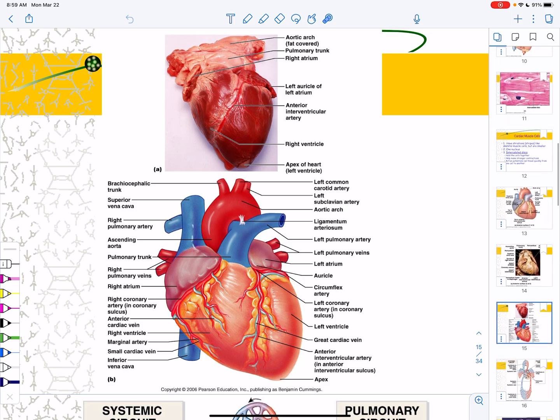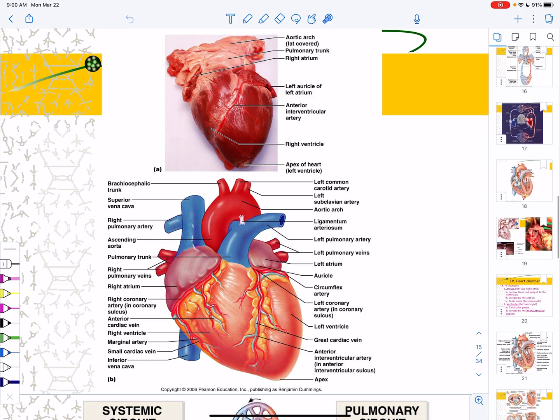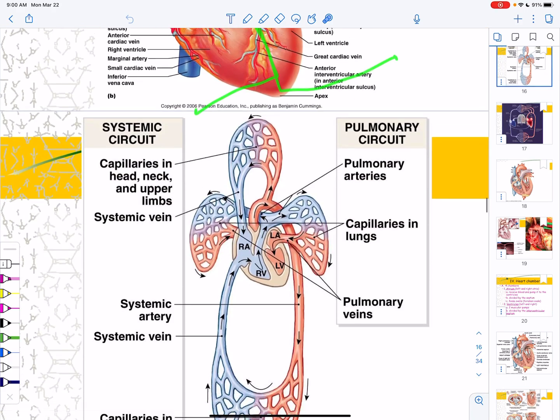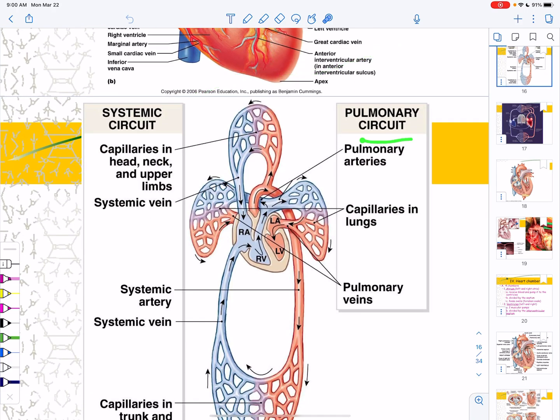Okay, so hopefully this makes sense to you, with the fact that you now understand that there's a left side and a right side, and that the right side is responsible for our pulmonary circuit, and the left side is responsible for the systemic circuit.